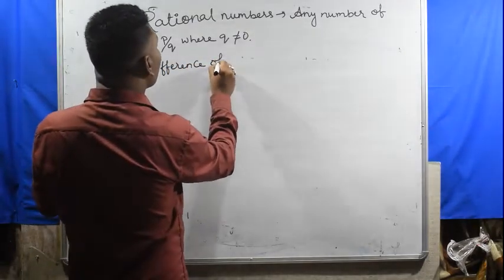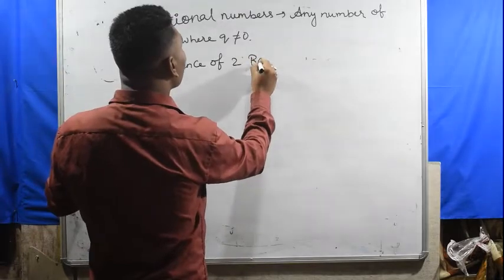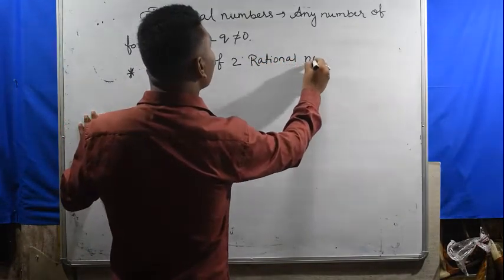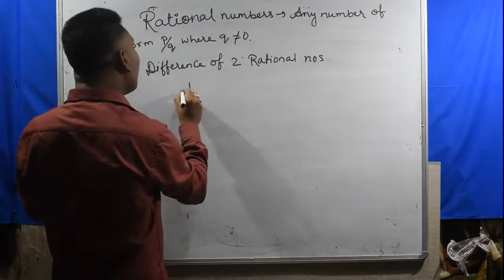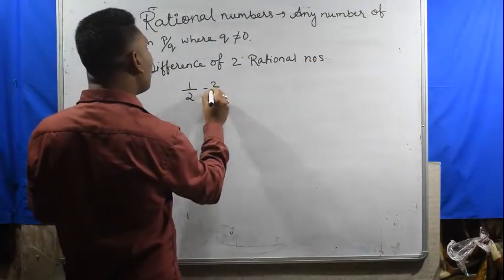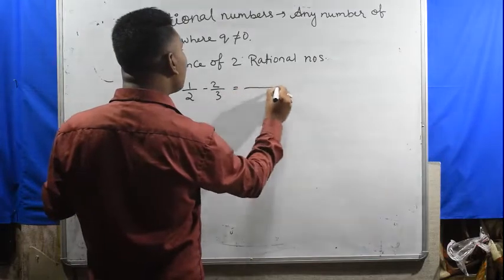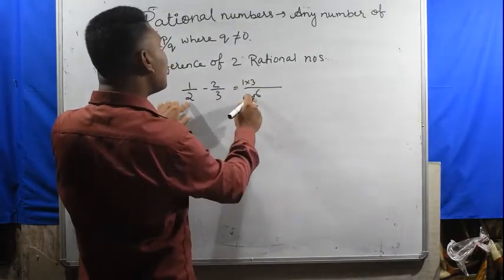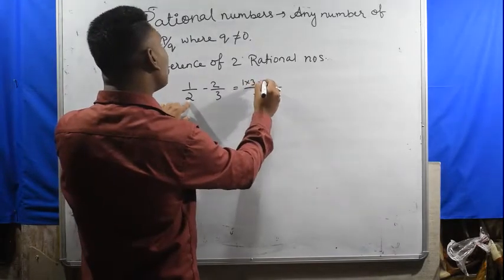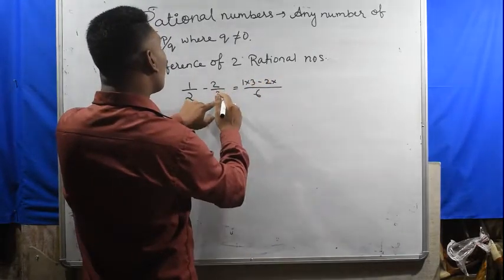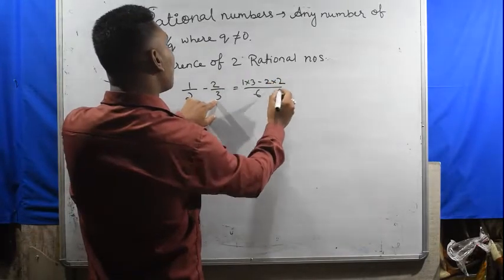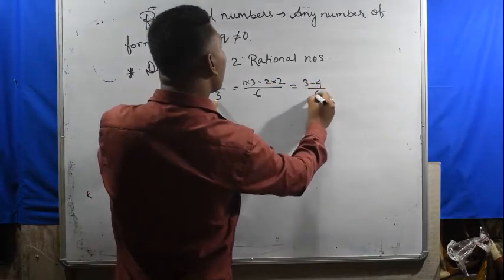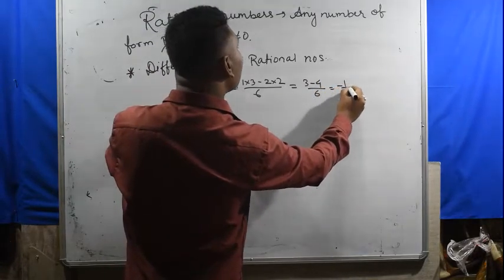So 1 by 2 minus 2 upon 3, the LCM was 6. 3 is multiplied here, minus 2 into 2 is 4 by 6. So it will give you 3 minus 4 by 6 is equal to minus 1 by 6.